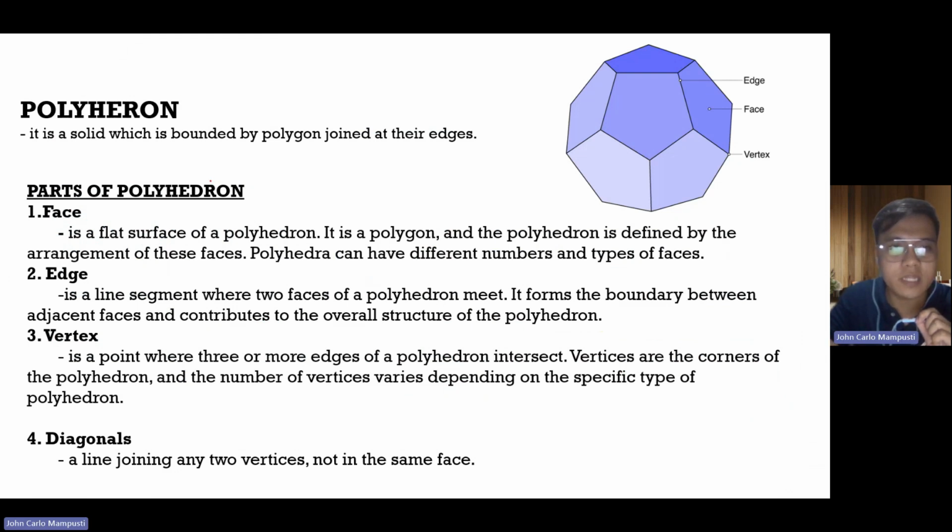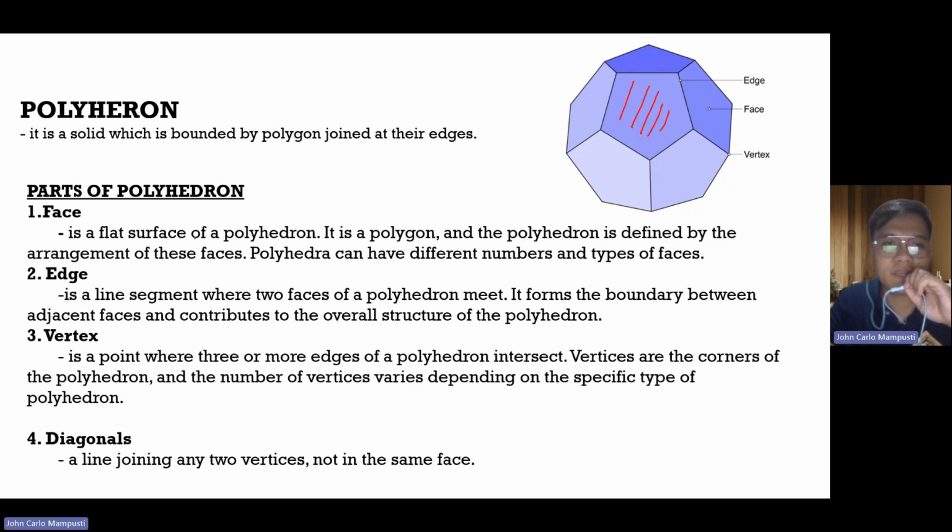This is a solid which is bounded by polygons joined at their edges. We have different parts of a polyhedron. First, we have the face. As you can see dito sa isang figure natin, yung polygon na present here is a pentagon. So ito yung face niya mismo.